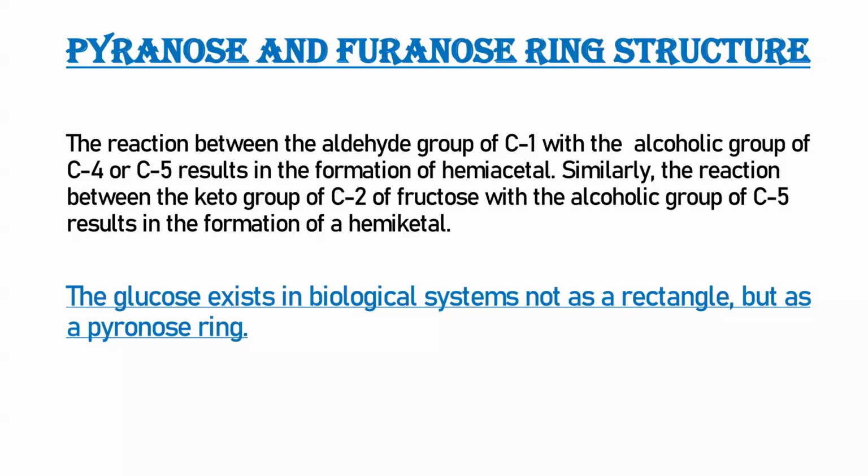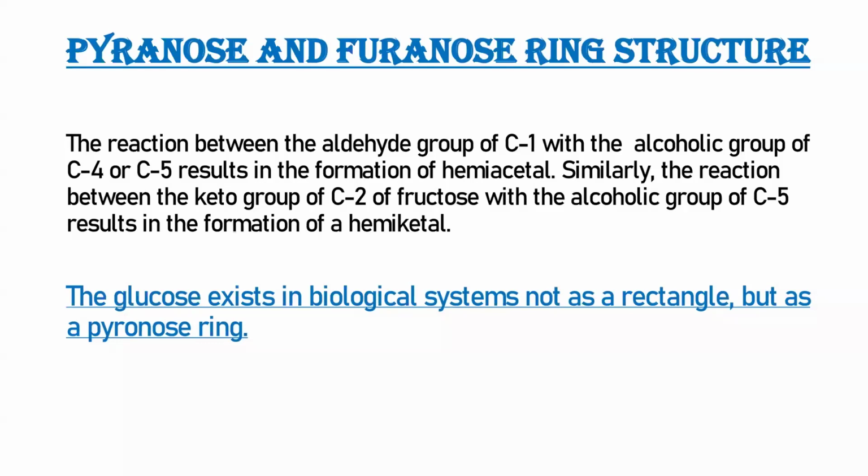So it means that in glucose, remember from where we discussed glucose, we have an aldehyde functional group. The aldehyde functional group of carbon 1 usually reacts, or forms a ring, with either the OH group, that is the alcoholic group, of carbon 4 or carbon 5.